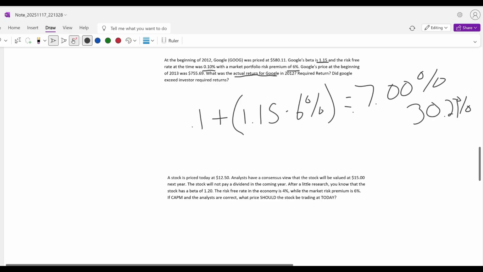That is the required return that investors need to put up their capital, and what they essentially need to take on the risk of owning Google stock.